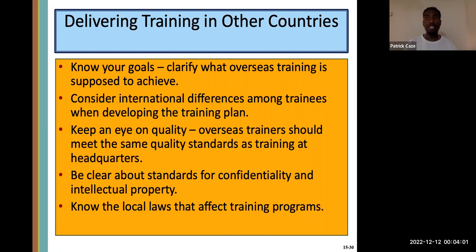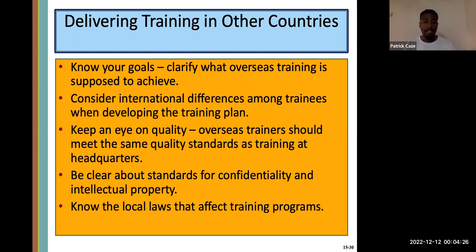There may be a diverse group of folks that are part of the training from foreign countries or foreign assignments because they're from a different place. And so you may have to tailor the training for them a little differently because you have to address religious differences, cultural differences, just day to day differences.